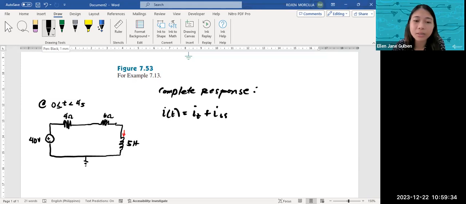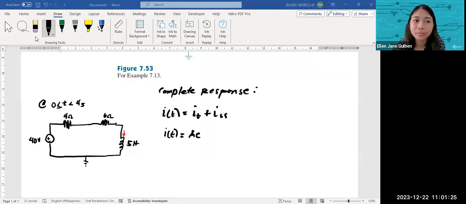So i of t, we have a solution as A e to the power of s t.